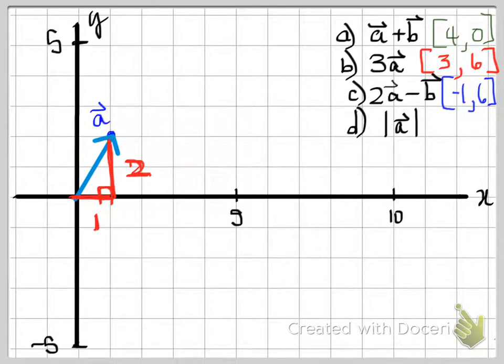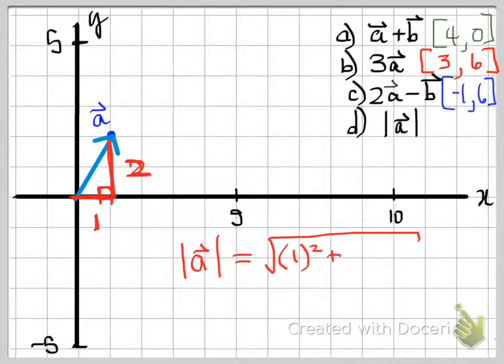We use the Pythagorean theorem to find the magnitude of vector A. So the magnitude of vector A is equal to the square root of 1 squared plus 2 squared, which equals the square root of 5. And that is the magnitude of vector A.